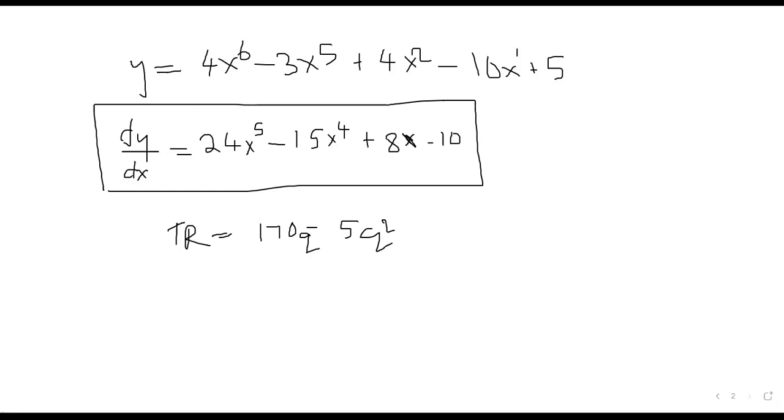Yes, that's dTR over dq. So it's going to be 170 minus 10q. Yes. That is how you differentiate that.